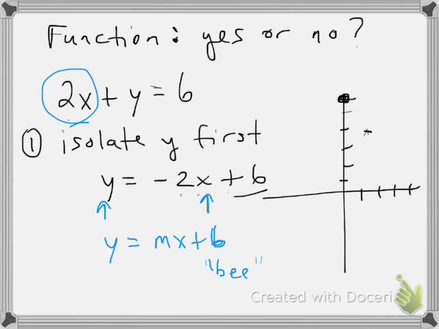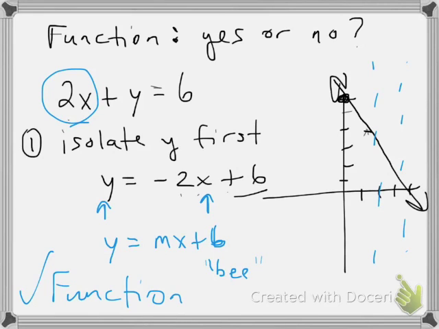Let me give one more point here, and this is a fast sketch of this line. This is roughly my line, and we can see that anywhere I draw a vertical line, I'm only going to touch my line once. Okay, so that's one example of something that, yes, this is a function.